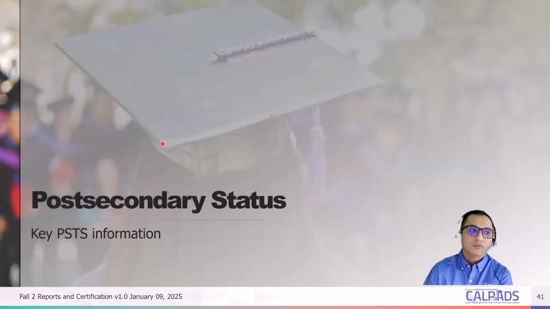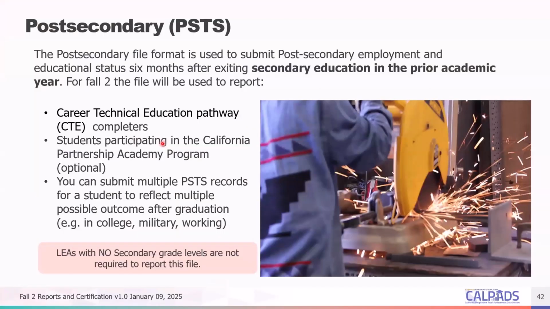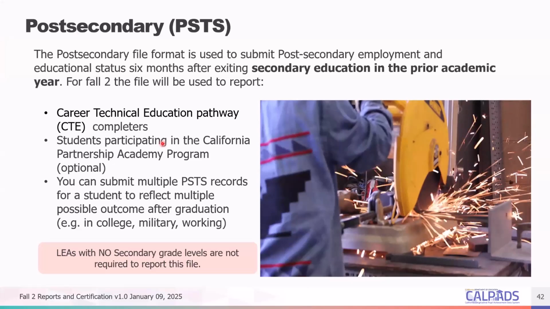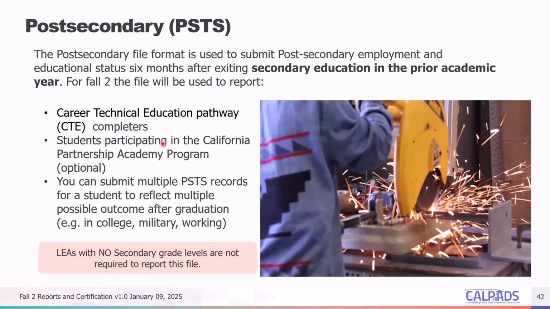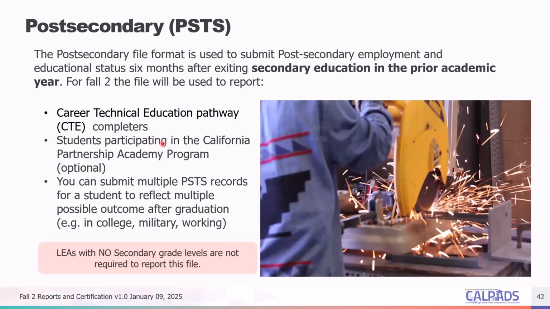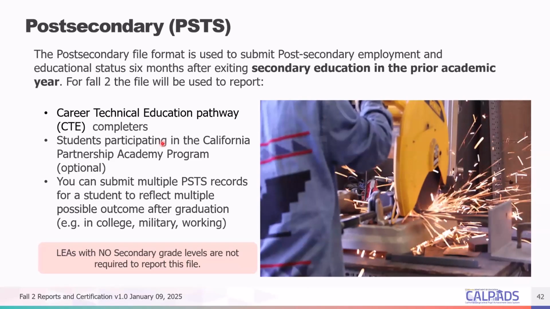Okay, so what does that mean? That means any LEA who does not have a high school site should not be reporting any PSTS file, right? So for post-secondary status, or PSTS, this pertains to what those students are doing at this point in time.